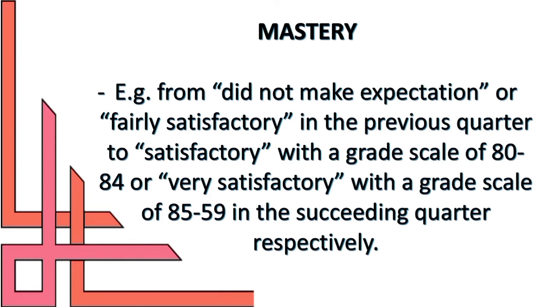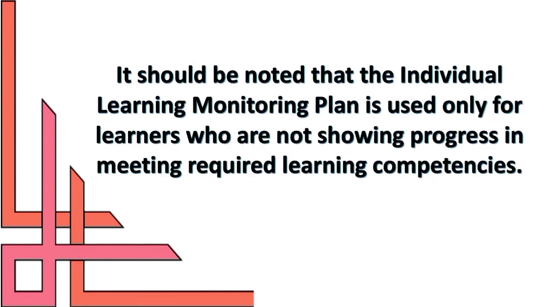From did not meet expectations or fairly satisfactory in the previous quarter to satisfactory with a grade scale of 80 to 84, or very satisfactory with a grade scale of 85 to 89, in the succeeding quarter respectively. I apologize for the typo error, that is 89.